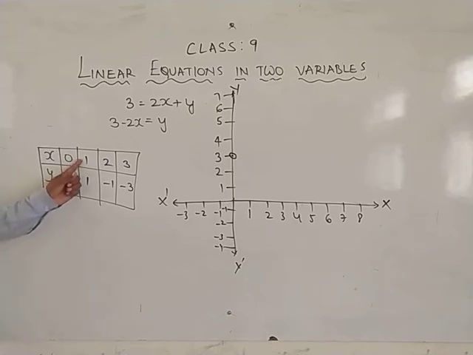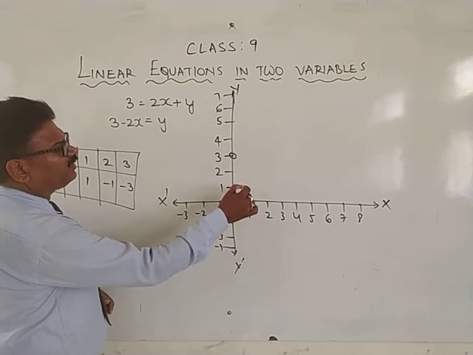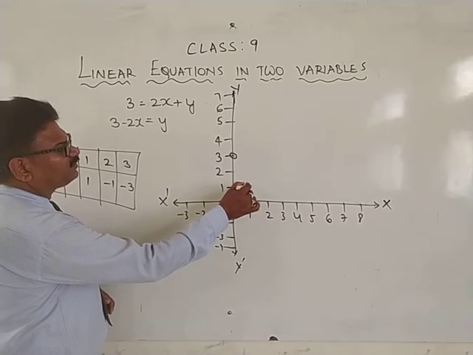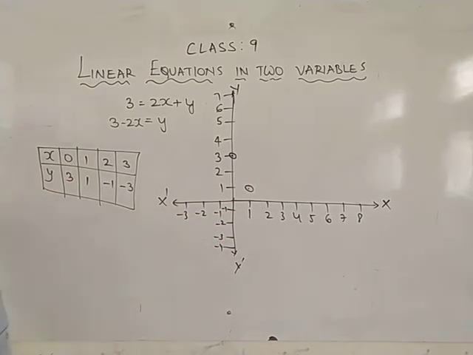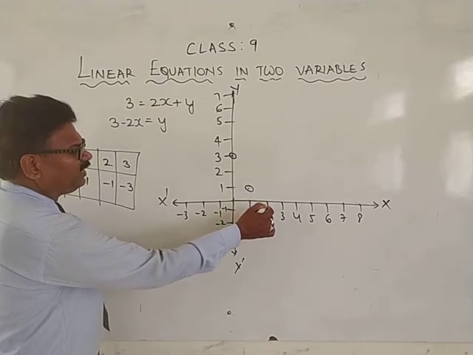Next, 1, 1. If x equal to 1, y also will be equal to 1 only. Yes. x equal to 2, y equal to minus 1, where it will come? Here.